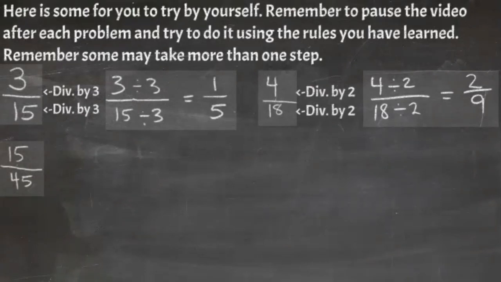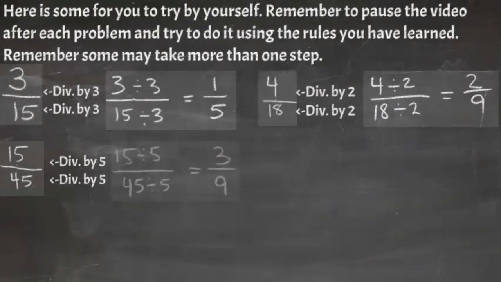15 over 45. Again, pause the video. Both of them end in 5, so I know they're divisible by 5. So I get the new fraction as 15 divided by 5 over 45 divided by 5, and that's equal to 3/9. So I'm going to try to divide both of those again by 3 because 3 is a prime number.